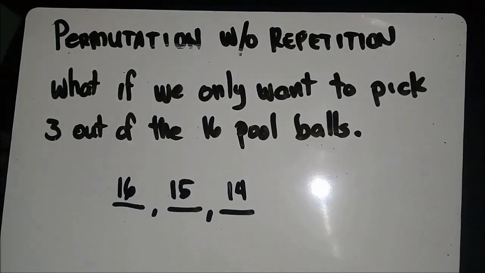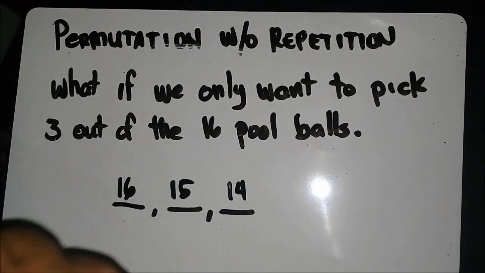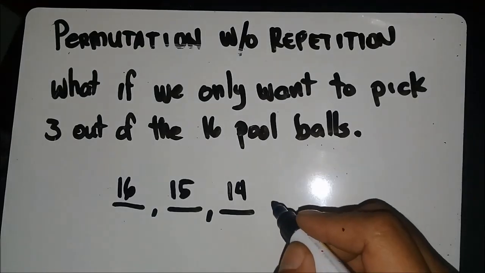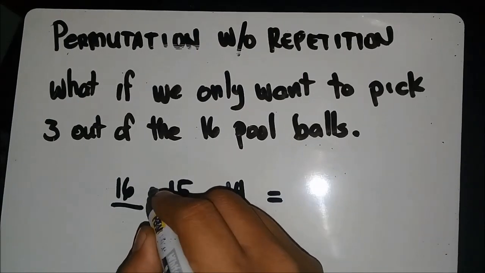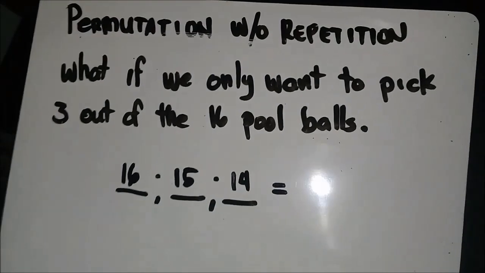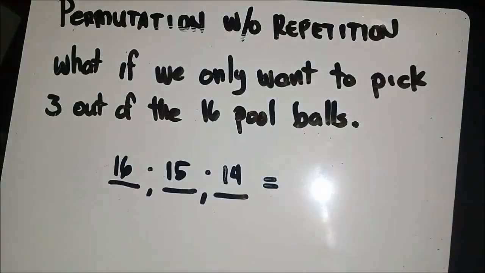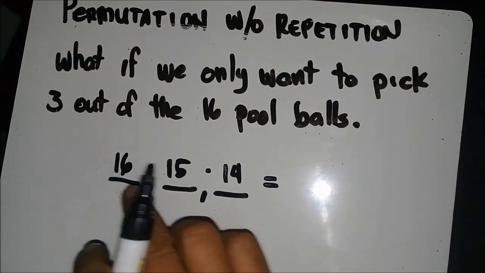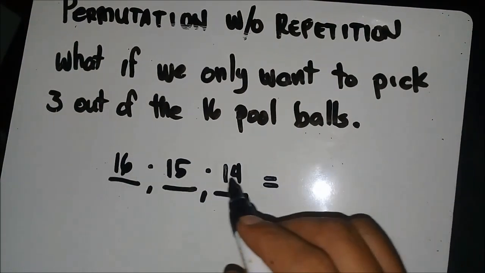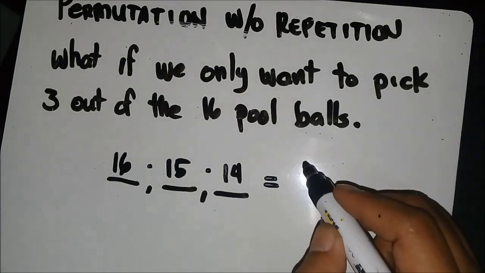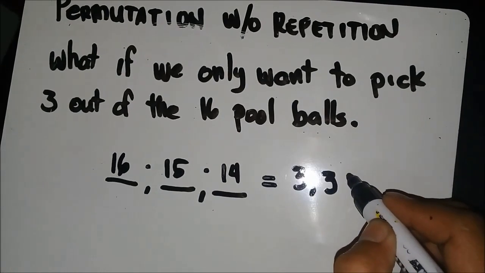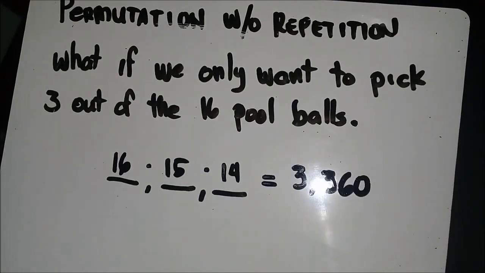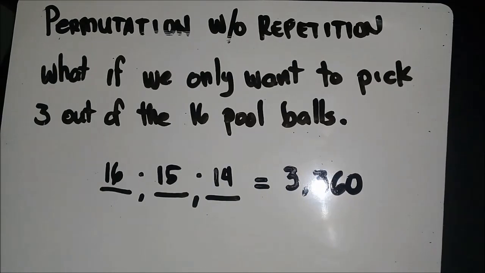So, the number of permutations of picking out 3 balls from the set of 16 pool balls is equal to 16 times 15 times 14. And that is actually equal to 3,360 permutations.